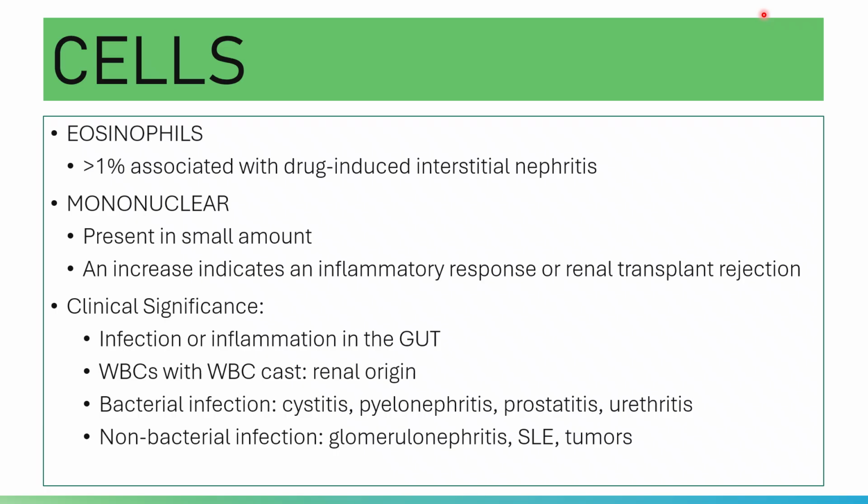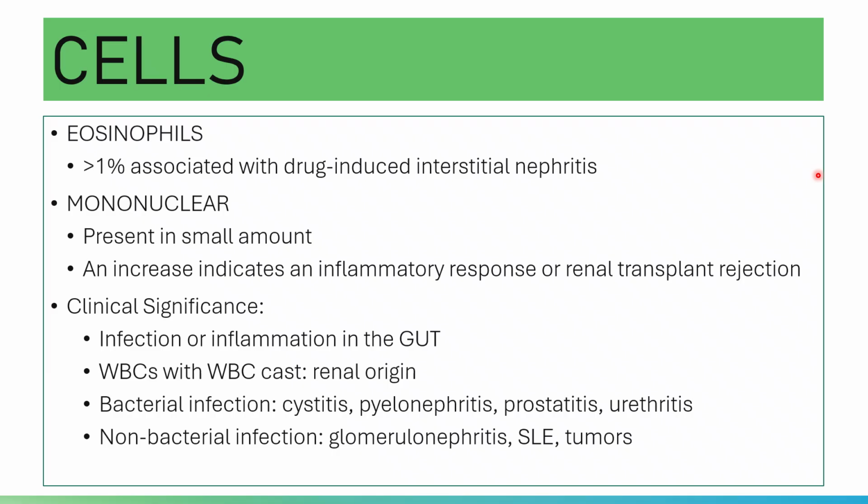Please note that as for the clinical significance, number one, infection. What is the purpose of WBCs? They are there for defense. That is why they are associated with infection.